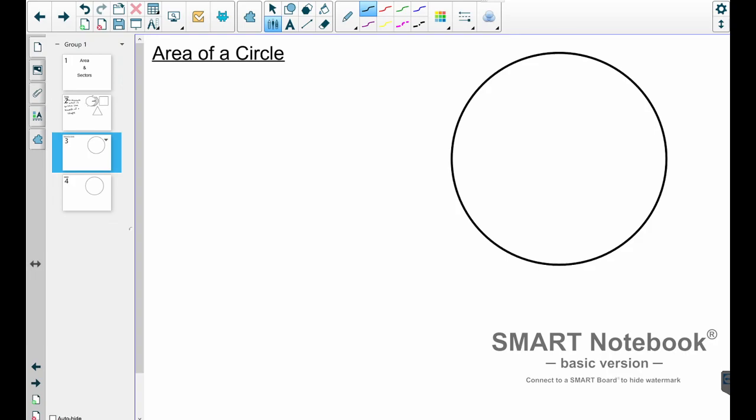So without just giving you a formula, let's think about what we could do to get the area of a circle. We don't know how to do it right now, but let's think if we could take this circle and turn it into a shape that we do know. So let's slice it up.